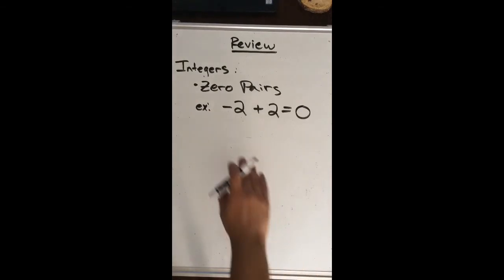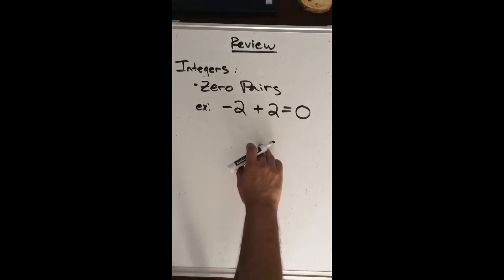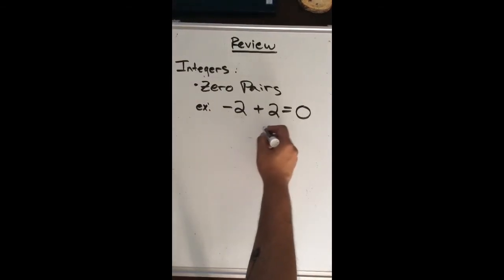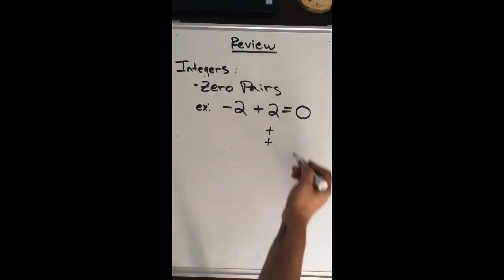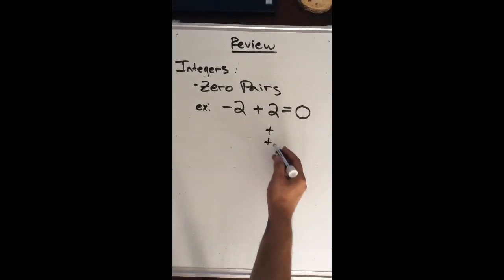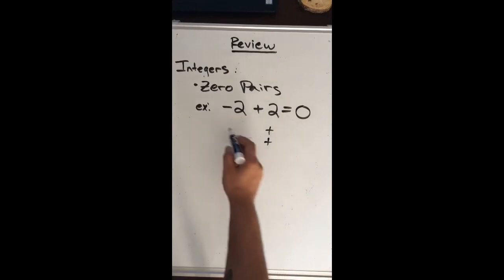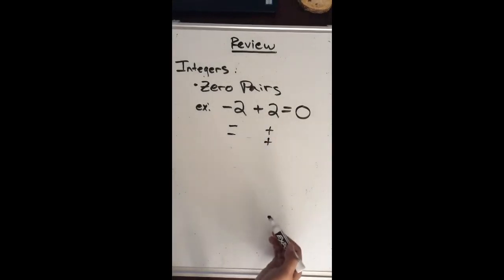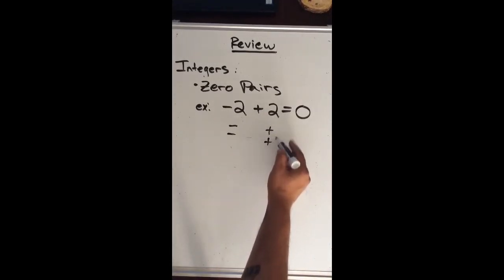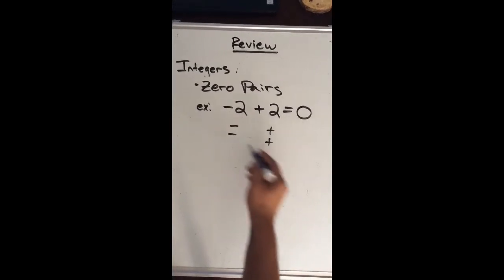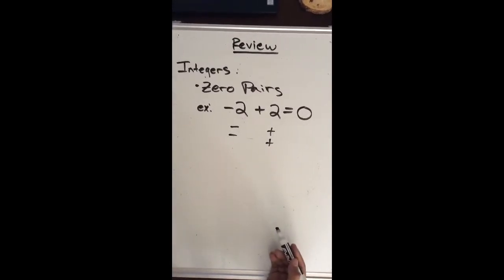Another way that you can confirm that something's a zero pair is by doing this. You can, for some smaller numbers like these, put plus marks for positive numbers, and minus marks for negative numbers. We don't have to exactly put the number, but notice how there are 2 positives for positive 2, and there are 2 negatives for negative 2.